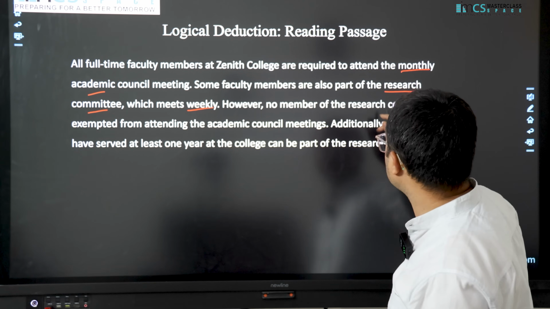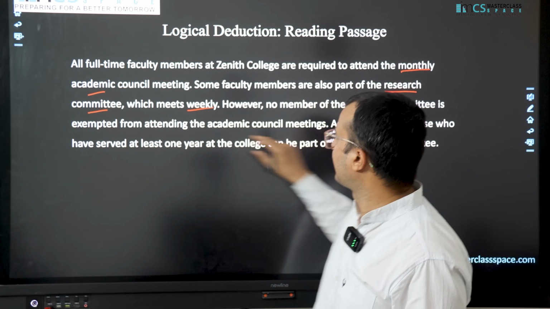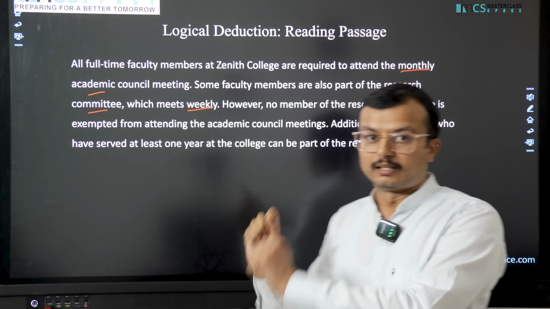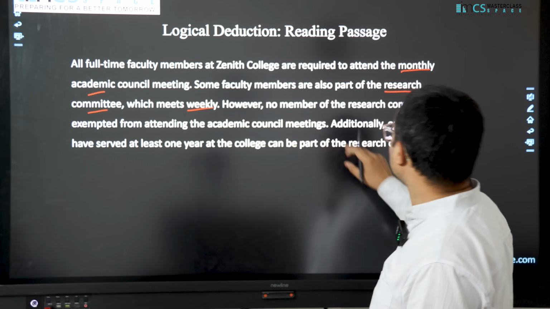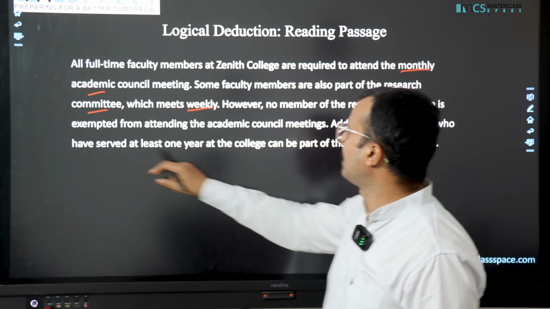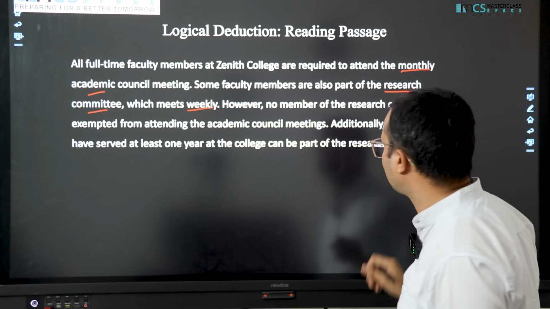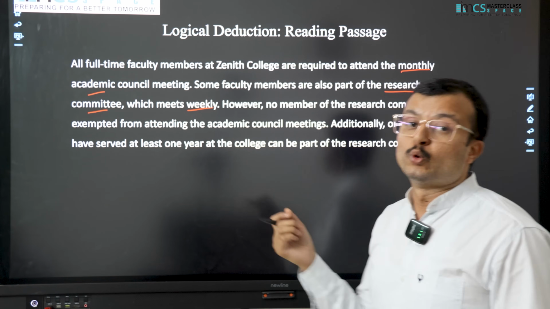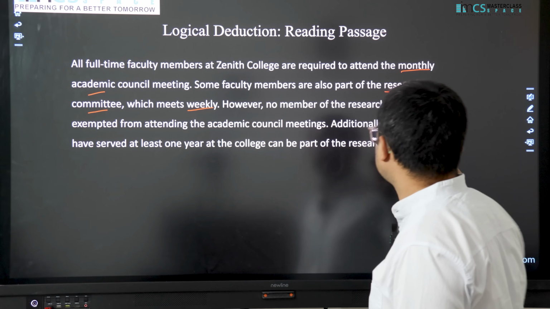However, no member of the research committee is exempted from attending the academic counseling meeting. So it does not mean that you are in the committee, so you can skip the academic meeting. Additionally, only those who have served at least 1 year at the college can be part of the research committee. So basically, putting a condition on who would be part of the research committee.